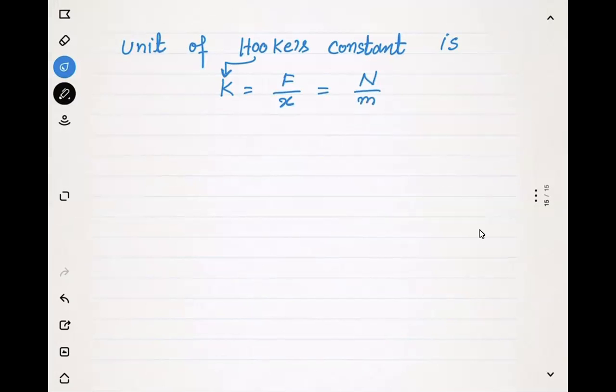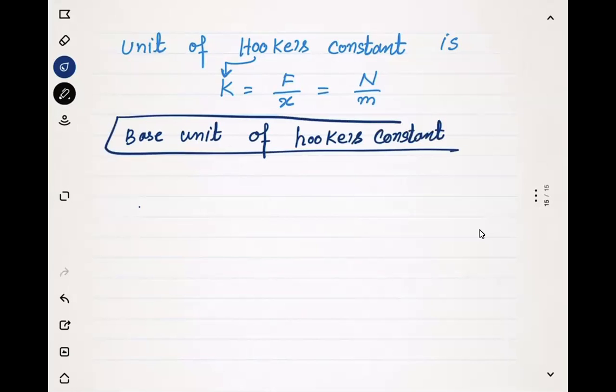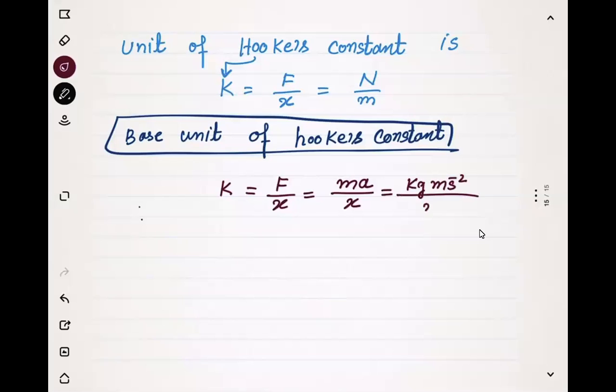Now the base unit of Hooke's constant. K is equal to F over X. F is MA over X. So it would become kilogram meter second minus 2 over meter.